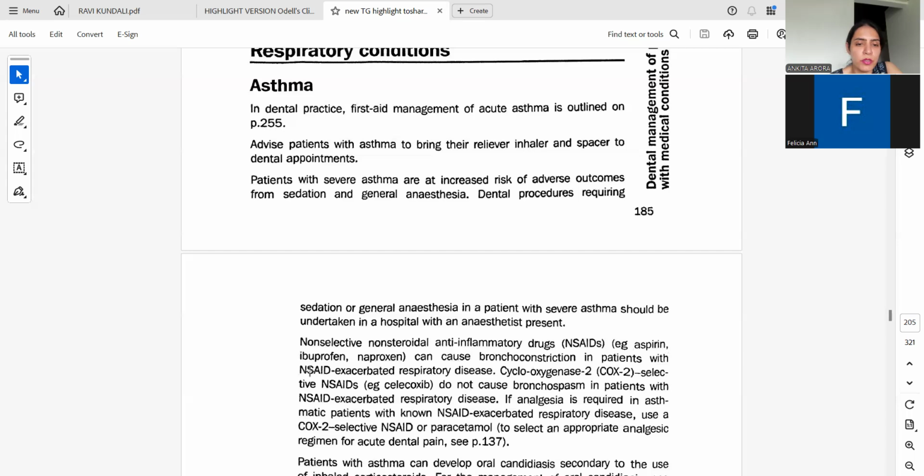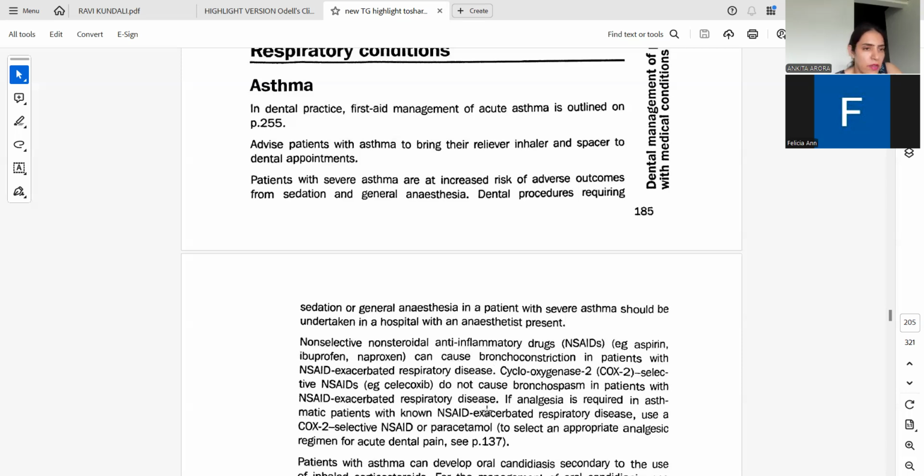NSAIDs, example aspirin, ibuprofen, naproxen, can cause bronchoconstriction in patients with NSAID exacerbated respiratory disease. Cyclooxygenase 2 selective NSAIDs, celecoxib, do not cause bronchospasm in patients with NSAID exacerbated respiratory disease. So aspirin and the regular NSAIDs produce bronchoconstriction, but COX-2 selective inhibitors do not.